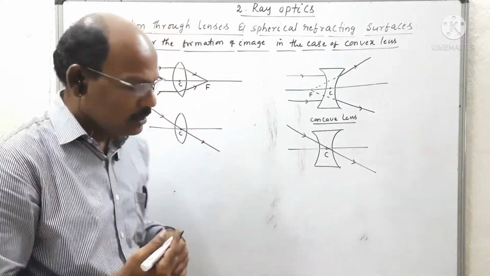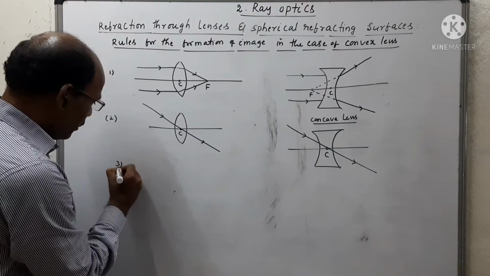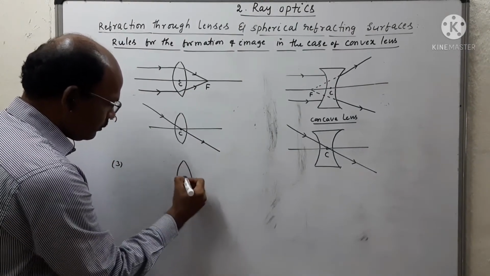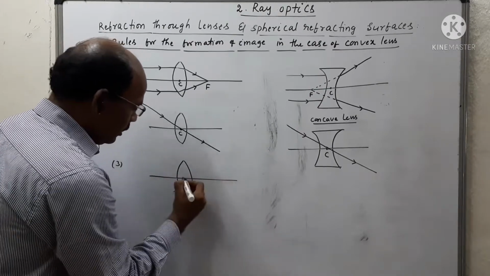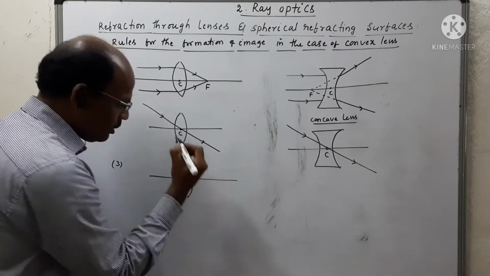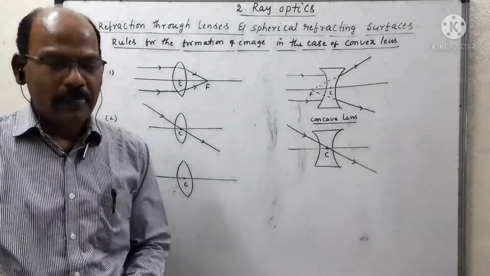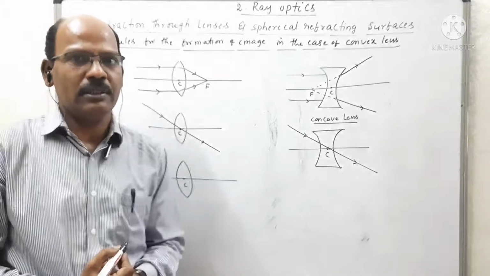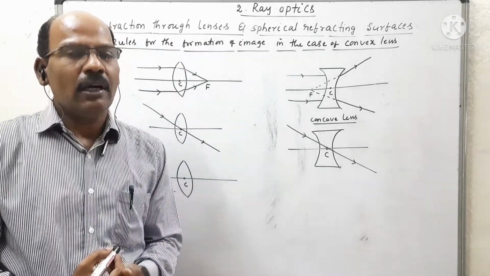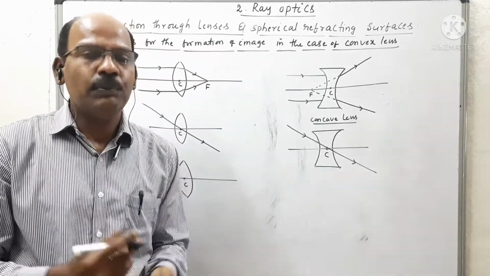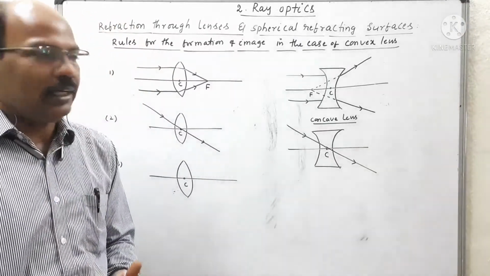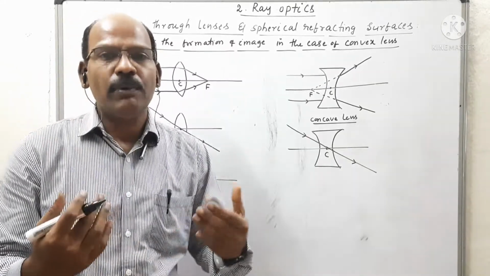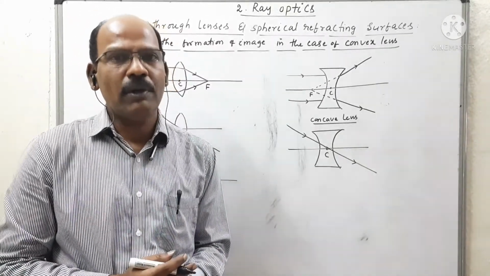And the third rule is: this is the principal axis and optic center. Suppose the object is at the principal focus, then what happens? After refraction takes place, it produces a parallel beam of light. Already we explained the definition of first principal focus and second principal focus.